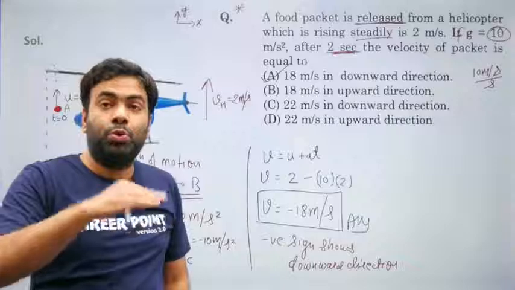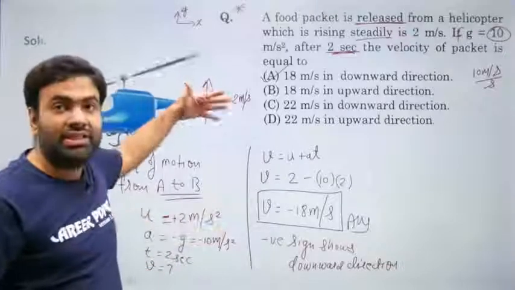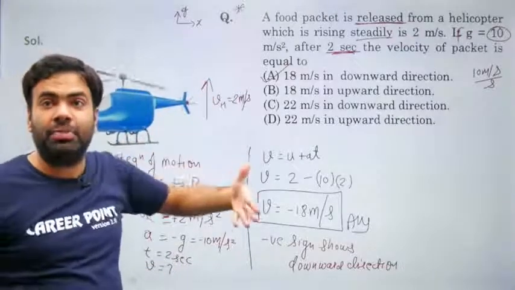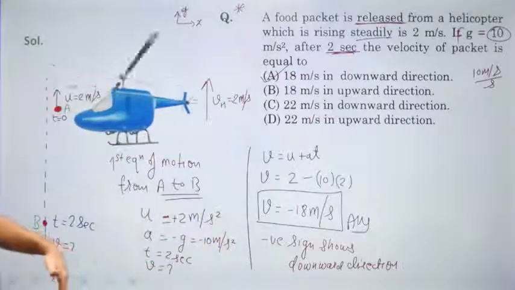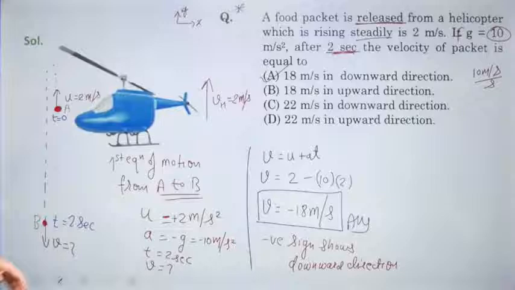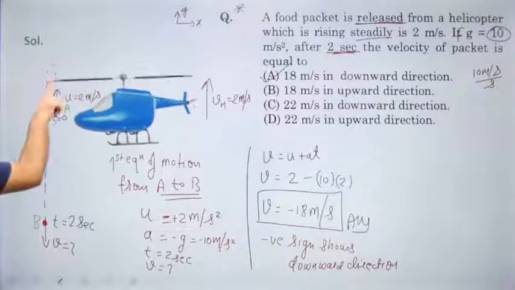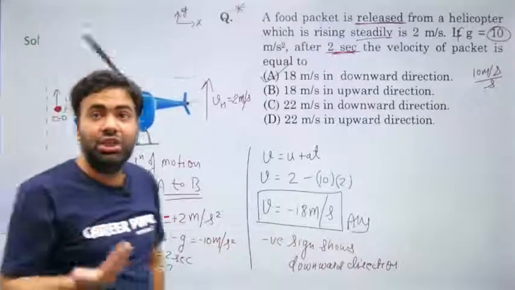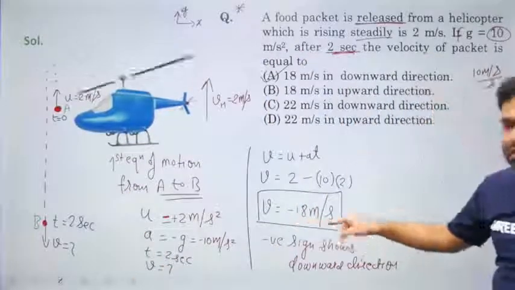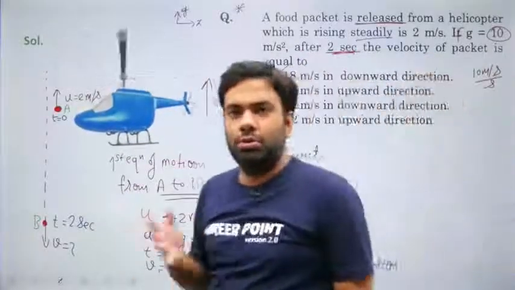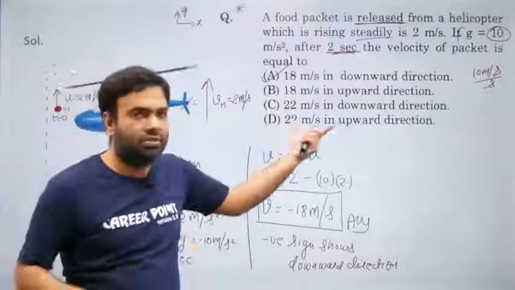Up to 2 seconds, its velocity is increased by 20 meter per second in downward direction. Because initial is 2 meter per second upward and the change is 20 meter per second downward, the final velocity is 18 meter per second in downward direction. So you can also do this question by the definition of acceleration.